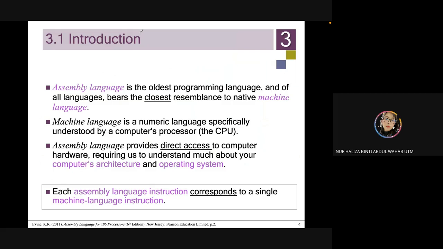So why do you need to learn assembly language? I thought I already informed all of you, because assembly language is the basis of programming. Before you can go for C programming, before you can go for Python, etc., you need to know assembly language first.